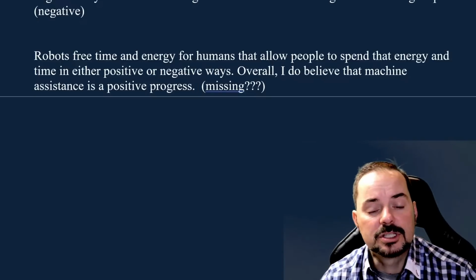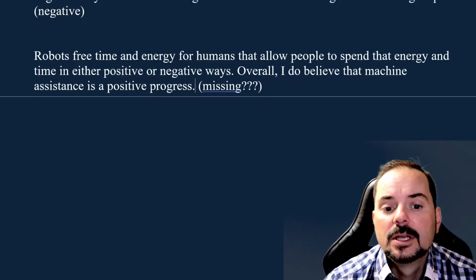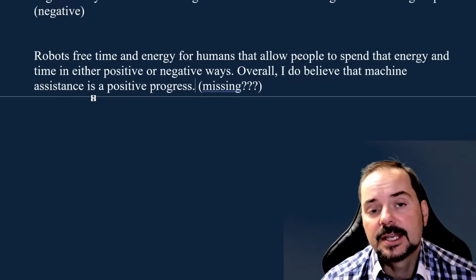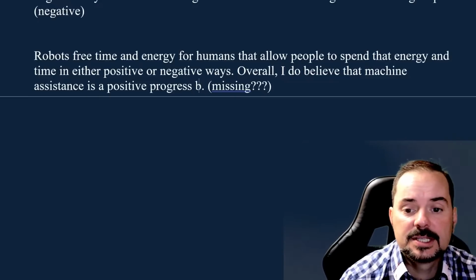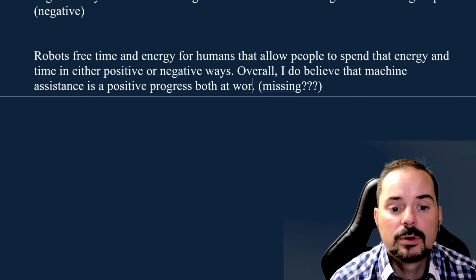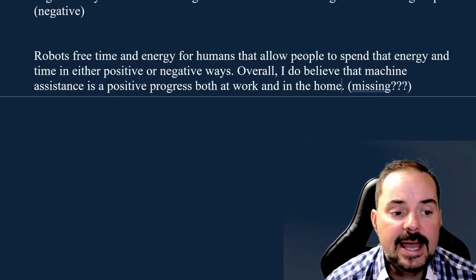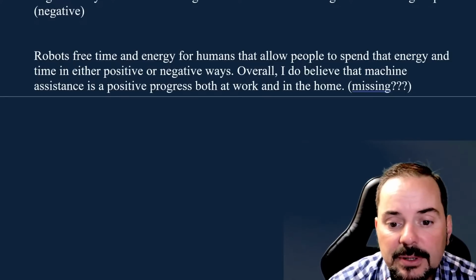This is where I can use some of that vocabulary from my paraphrasing, right? So overall, I do believe that machine assistance is a positive progress. And we can say both at work and in the home. Okay. So now I have my complete thesis.